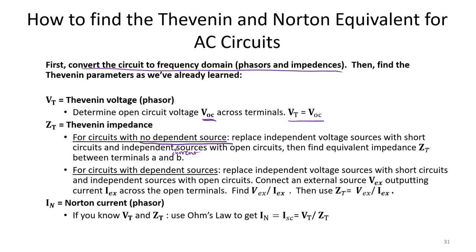If we do have a dependent source, we need to connect an external source and find VEX over IEX, and then determine our Thevenin impedance using VEX divided by IEX. This procedure is very similar to what we learned in Lecture 7. If you'd like further review on how to calculate Thevenin, I'd highly recommend you check out Lectures 7 and 8.